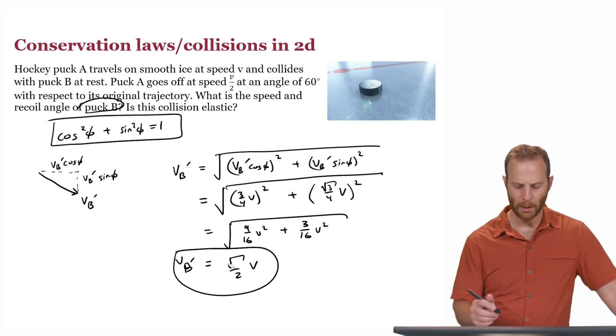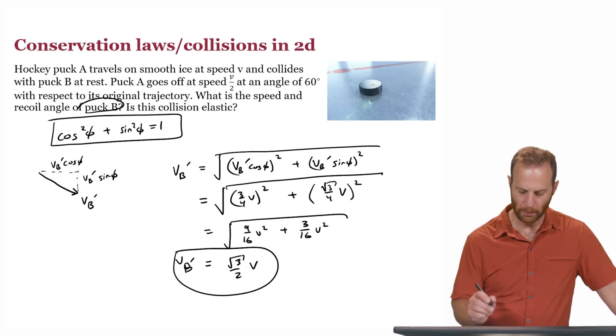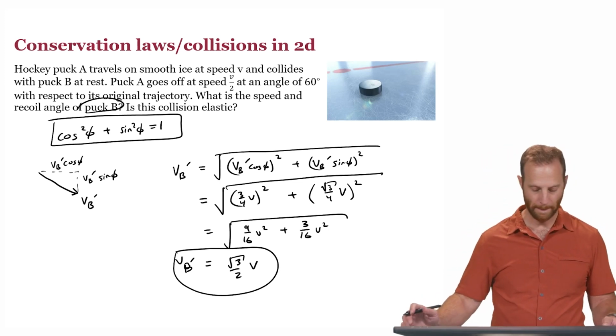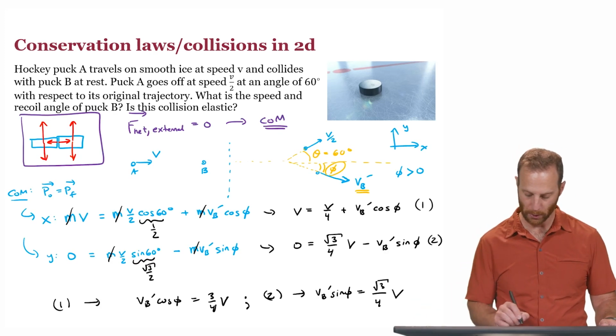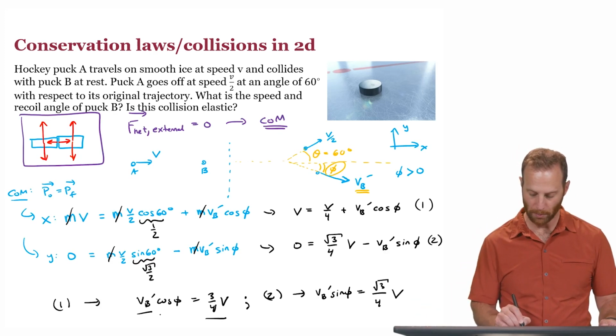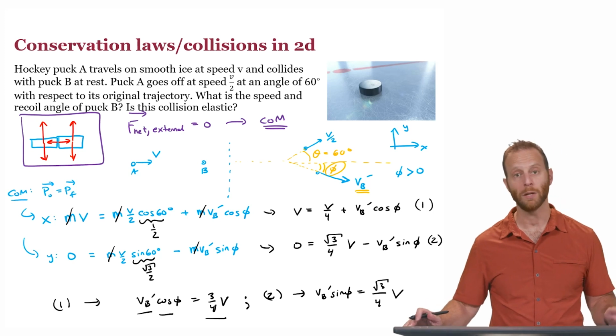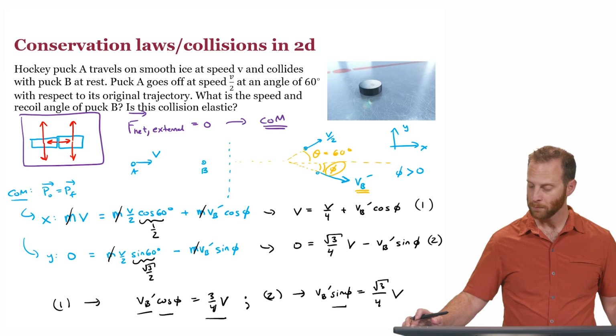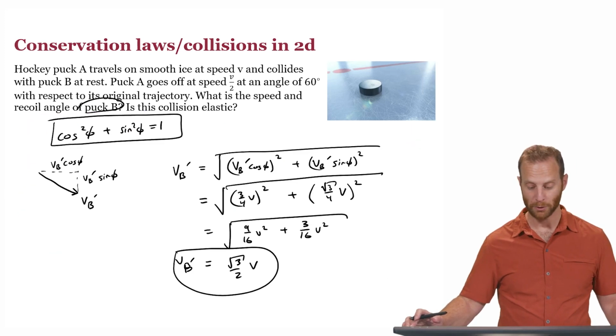Now, what is the angle? That is something that we could work out in a number of ways. We have already seen that there is some relationship between vb prime and cosine of phi. We could do it with that, or we could do it with sine, or we could do it with tangent. Just to mix things up a little bit, let's do it with tangent.